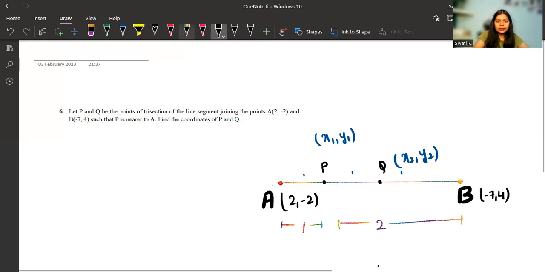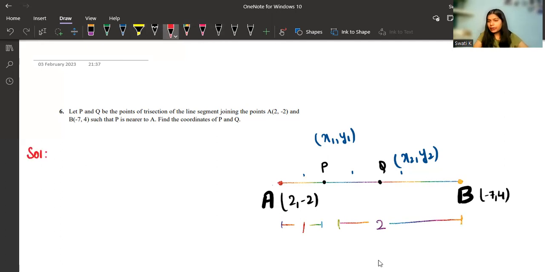So let's start the solution. Let us consider P first, because we have to find both P and Q. Of course P is dividing the line segment AB in the ratio of 1:2, so we can write M1 as 1 and M2 as 2. Now let me tell you the formula to find the coordinate on the line segment.